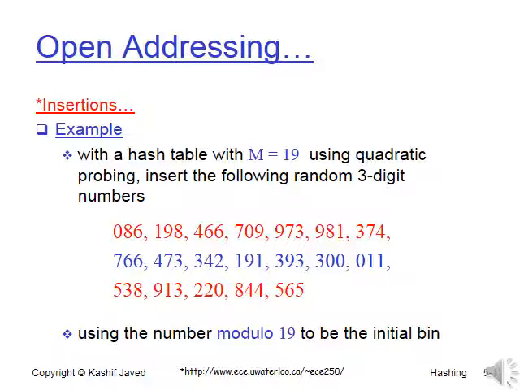The random numbers are 86, 198, 466, 709, 973, 981, and so on, and the last random number is 565. We will use the number modulo 19 to be the initial bin, meaning let's use this value as the hash value.